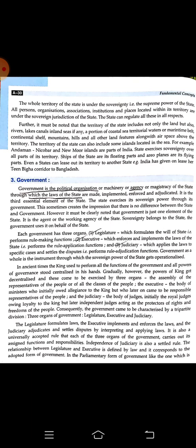Each government has three organs: legislature, executive, and judiciary. Legislature is the lawmaking body, executive is enforcing or implementing the laws, and judiciary applies the law and settles the disputes. As we have three organs, we can say it is a tripartite division.